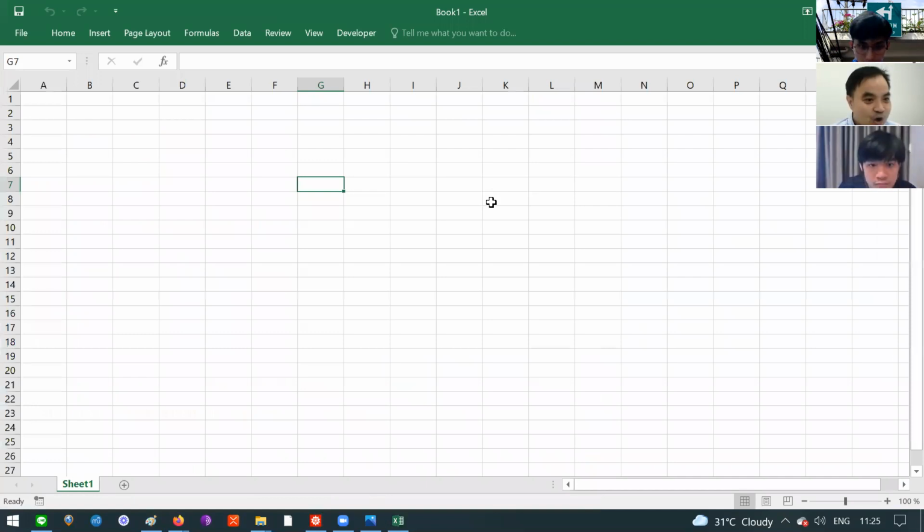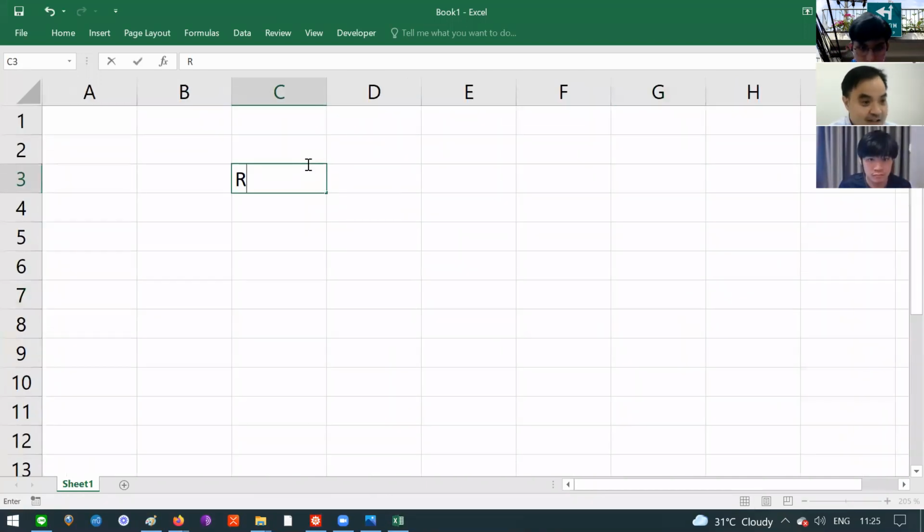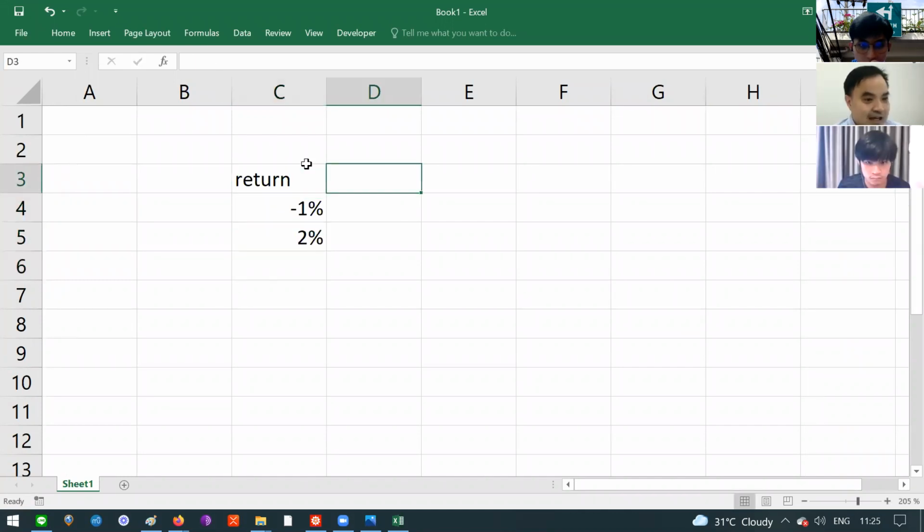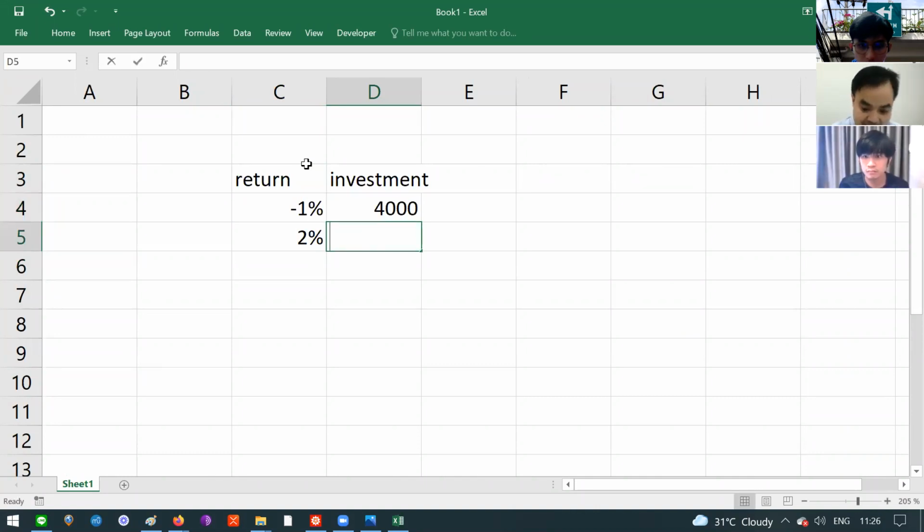So normally this is what you would do. This is my return: minus 1%, and then plus 2%. And this is my investment: 4,000 baht and 6,000 baht.